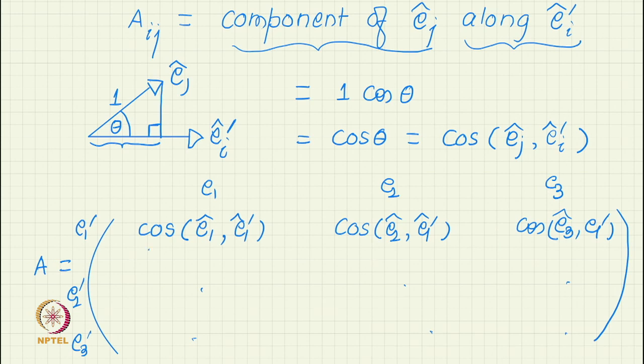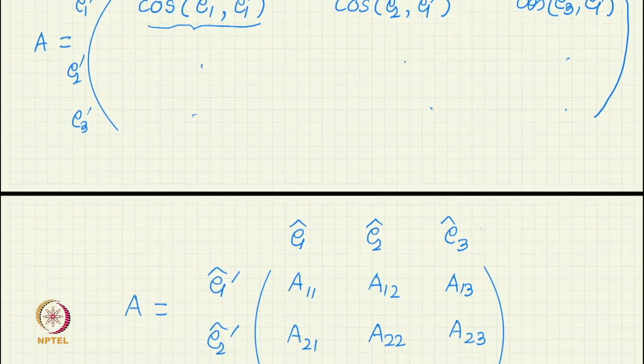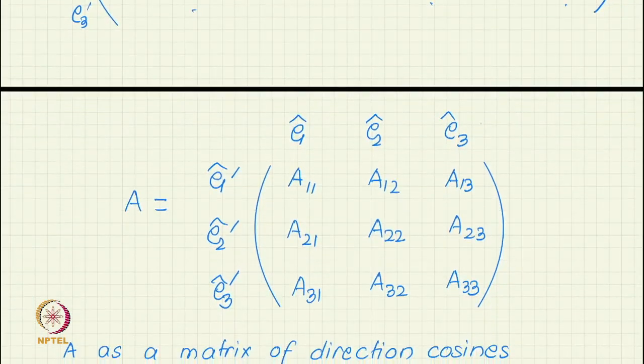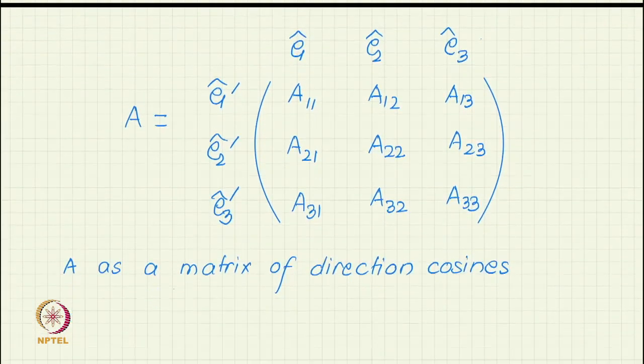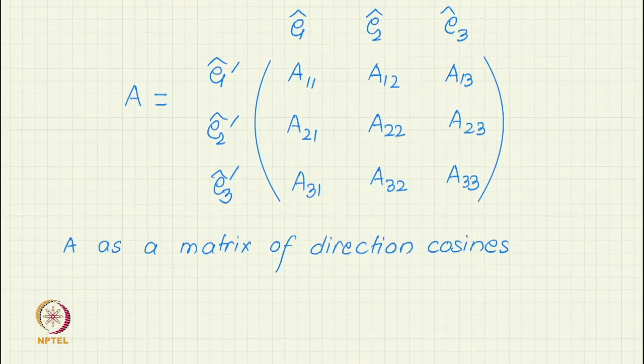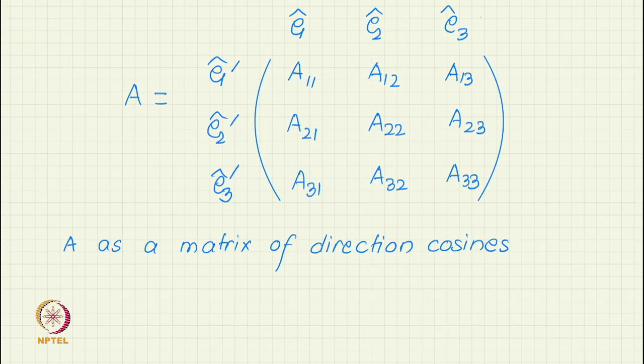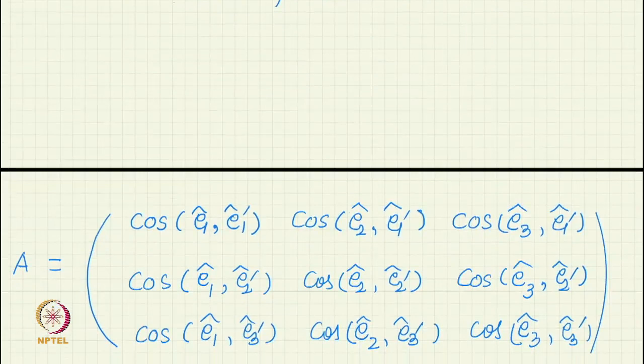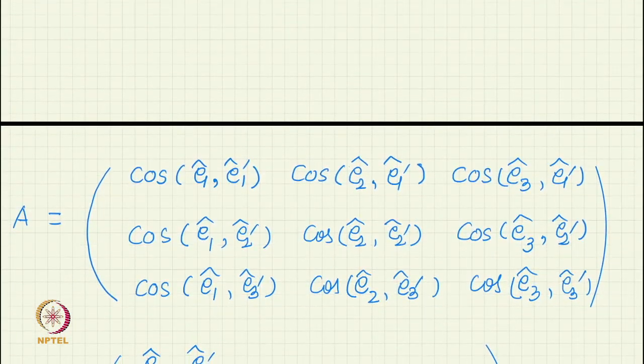So, for example, this is the direction cosine of E1 with respect to E1 prime. So, now we see that this whole thing becomes a matrix of direction cosines, and we can write it in full like this.